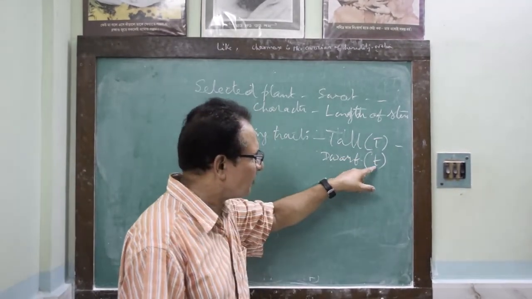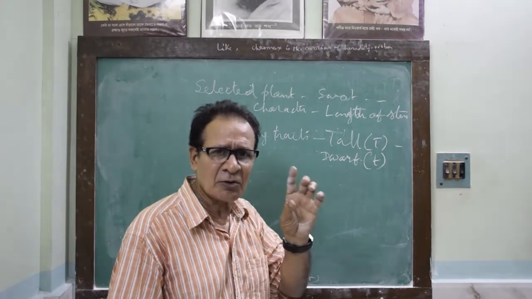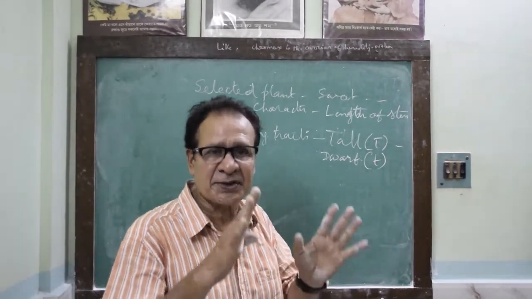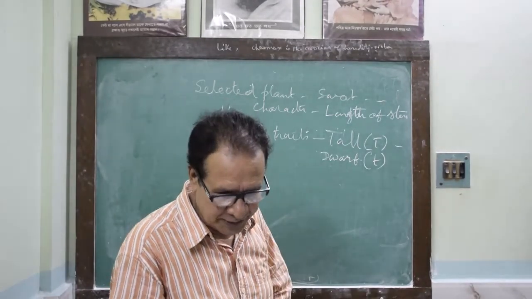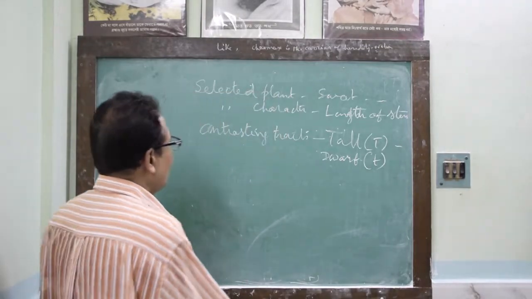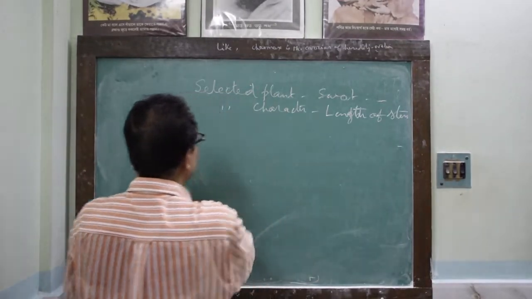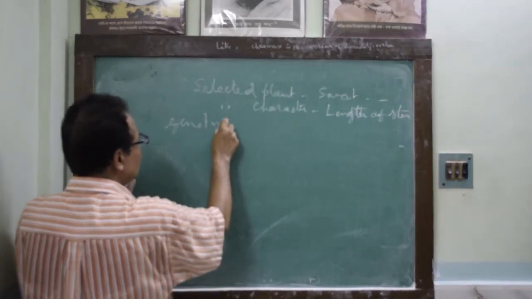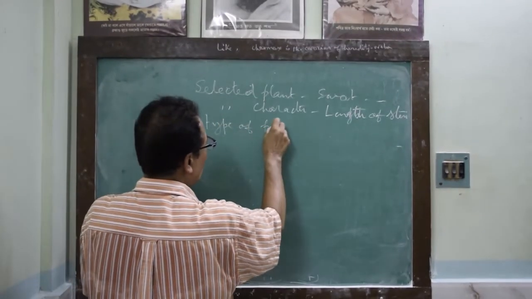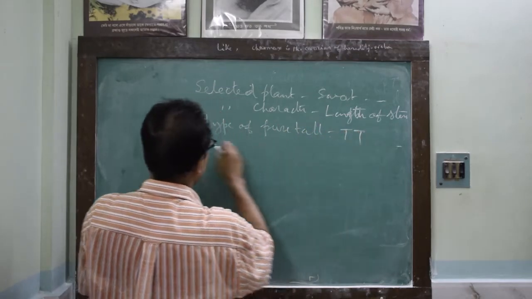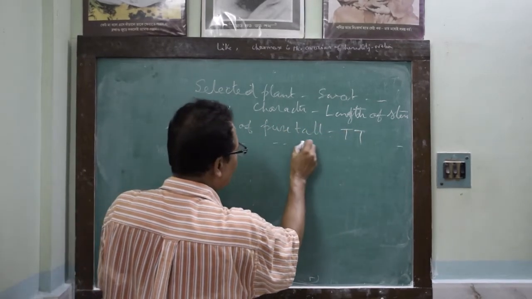You can write the small d. It is the general rule that the capital letter represents the dominant and the small letter represents the recessive. Then genotype of pure tall, genotype of pure dwarf.